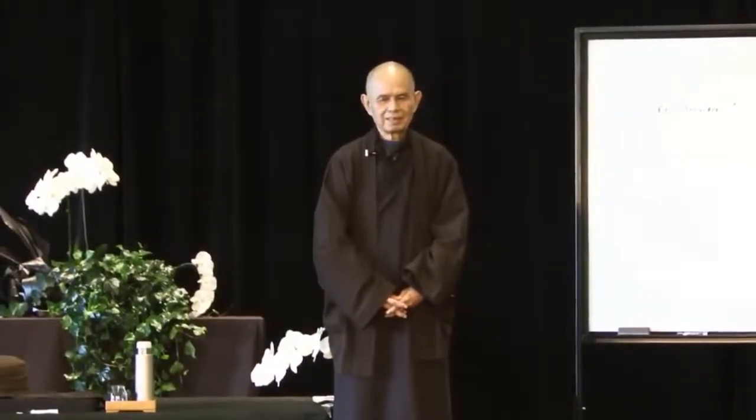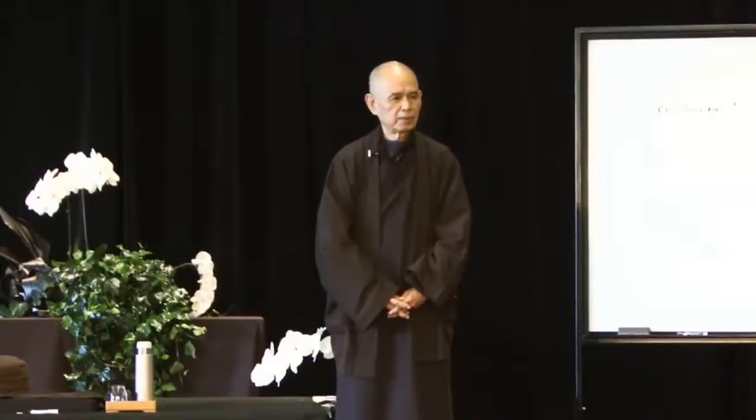Suppose you talk about the wind, and you say the wind blows. It looks like there is the wind that does the job of blowing. But it's very funny to say the wind blows.